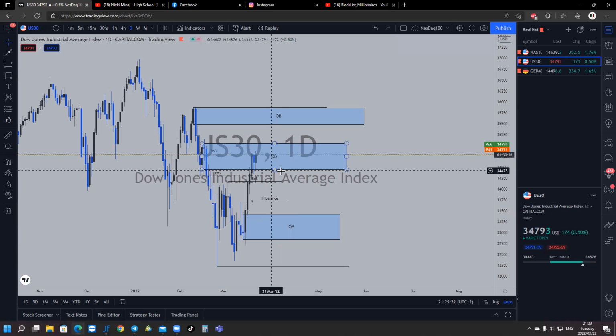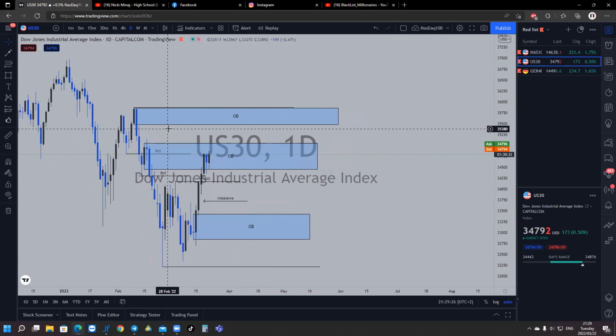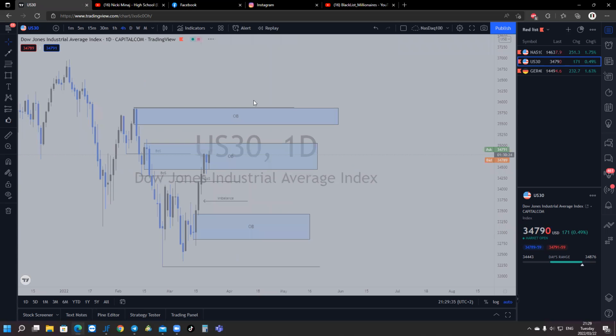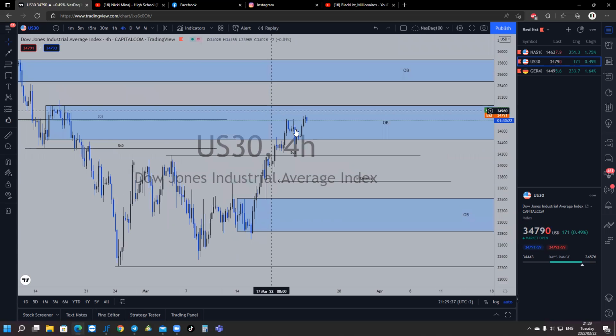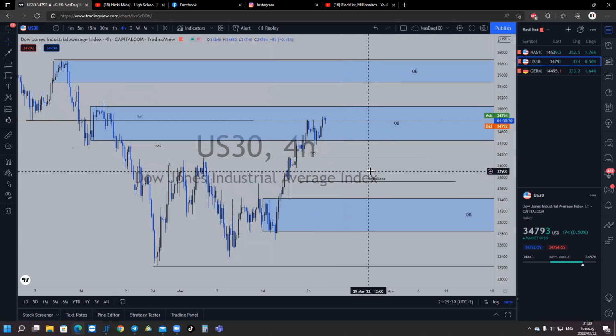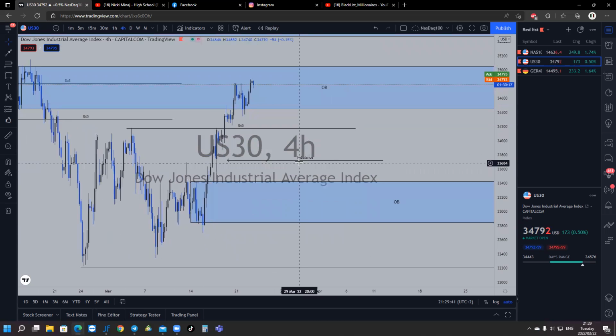So since this is how the market is, for us to enter a trade here, we need to move into a smaller time frame, which is 4 hour or 1 hour. Let's go to the 4 hour and see if we will have trading opportunities going to the downside. In this case, this is the range that we'll be looking at.